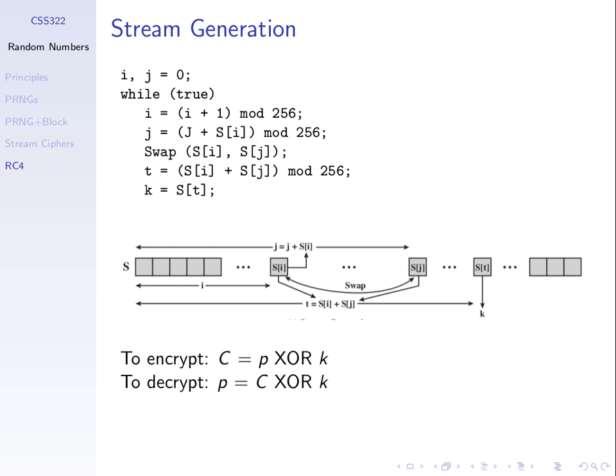We do these steps again, since this is in a loop. We'll get a new value of K, XOR it with plaintext 2. Again, I get a new value of K, XOR with the third element of the plaintext, and so on. We just keep repeating this for as long as we need, depending upon the length of the plaintext.